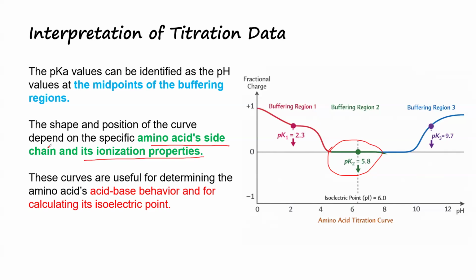And of course, the shape and the position of the curve depend on the specific amino acid side chain, number one, and then its ionization properties. So these curves are useful for determining the amino acid's acid-base behavior and for calculating its isoelectric points.